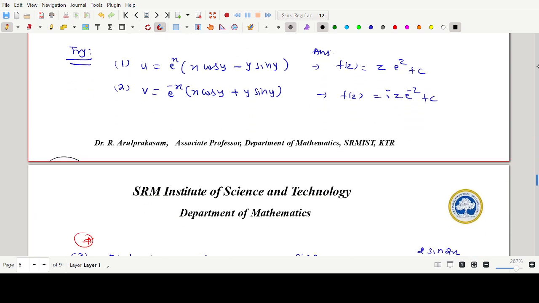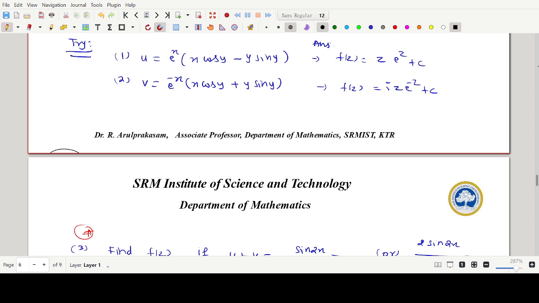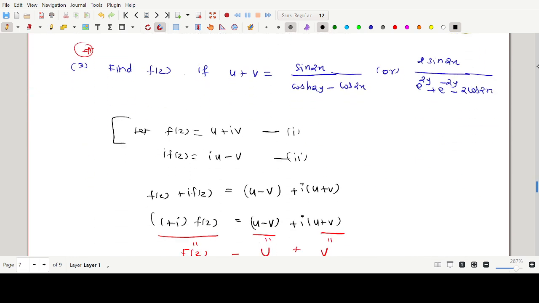Another, the third method: suppose the real part is given, you know how to get the corresponding analytic function. The imaginary part is given, by the following method you can get the corresponding analytic function. The third method is, suppose the sum or the difference of the two parts is given, suppose u plus v and u minus v. How to get the corresponding analytic function?